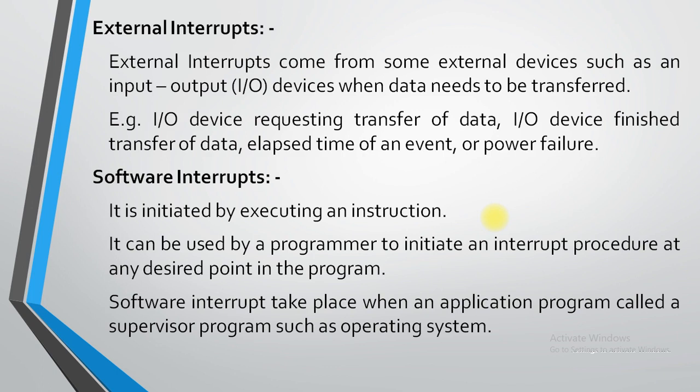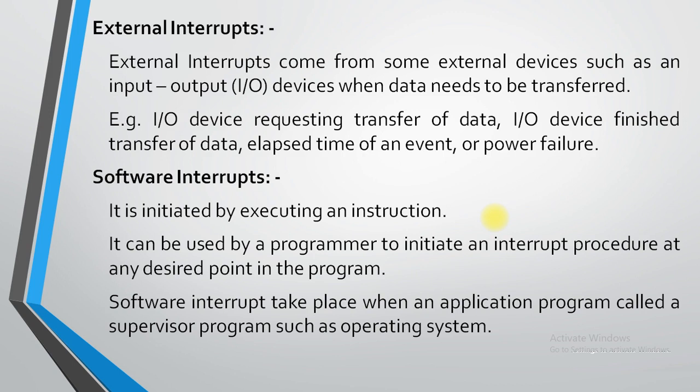Software interrupt takes place when an application program calls a supervisor program such as the operating system. So when any application program is trying to communicate or supervise the programs related to the operating system, at that time a software interrupt may occur.